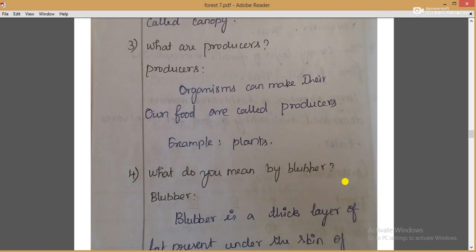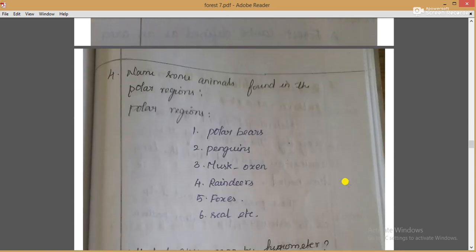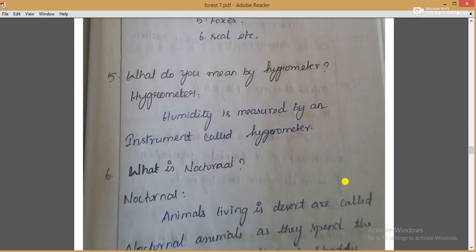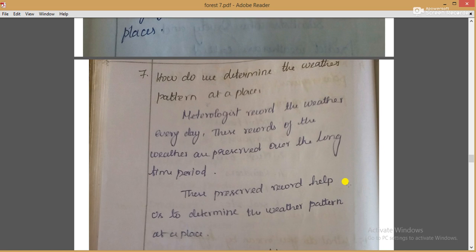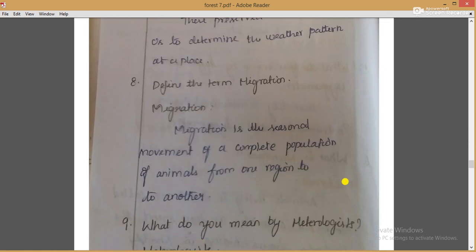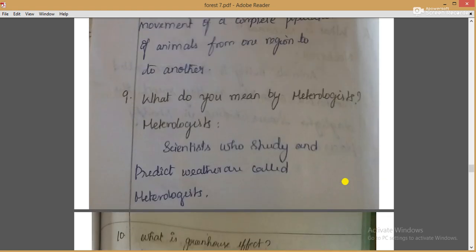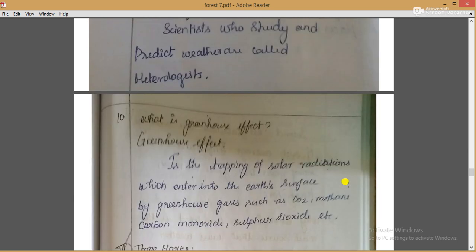What are producers? What do you mean by blubber? Name some animals found in the polar region. What do you mean by hygrometer? What is nocturnal? How do we determine the weather pattern at a place? Define the term migration. What do you mean by meteorologist? And what is greenhouse effect?